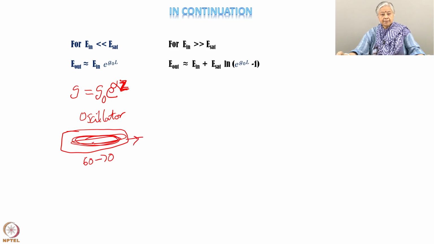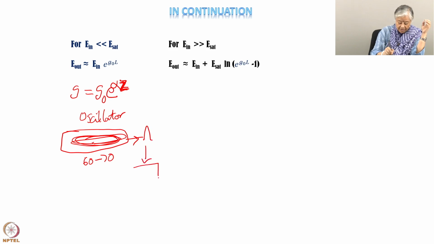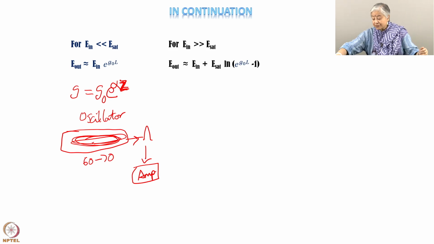In case of an oscillator, even at the end of those 60 to 70 round trips, the signal is not very close to E sat, it is much lower than that. But once it comes into an amplifier, you already have a pulse which has substantial energy, and it depletes the population inversion very easily.